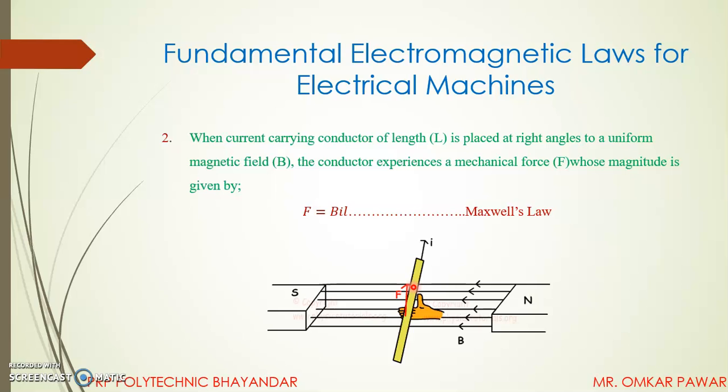Those two magnetic fields interact with each other, and force is created. That force is applied on this conductor, and the conductor starts to rotate. So this is the principle behind the electrical motor. Later we will study how the force is created on the conductor.